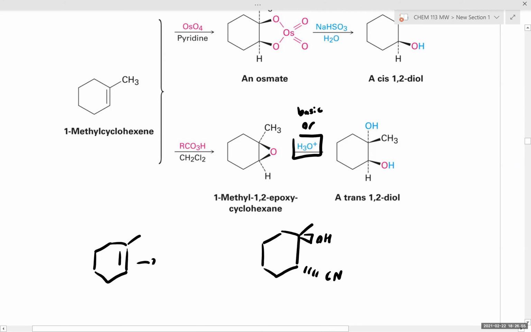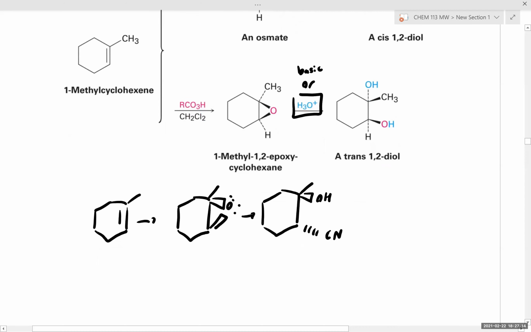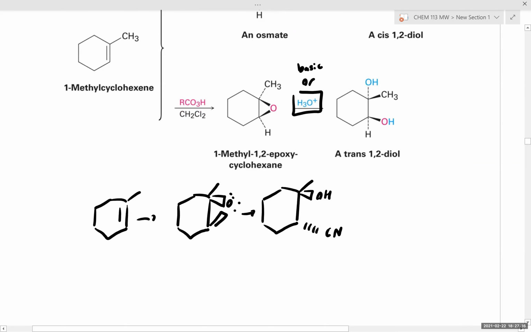If I get an epoxide, can I open the epoxide with essentially any nucleophile I want? For epoxide opening, it can be an alcohol, but it really can be anything, right? Since this is an SN2 reaction.